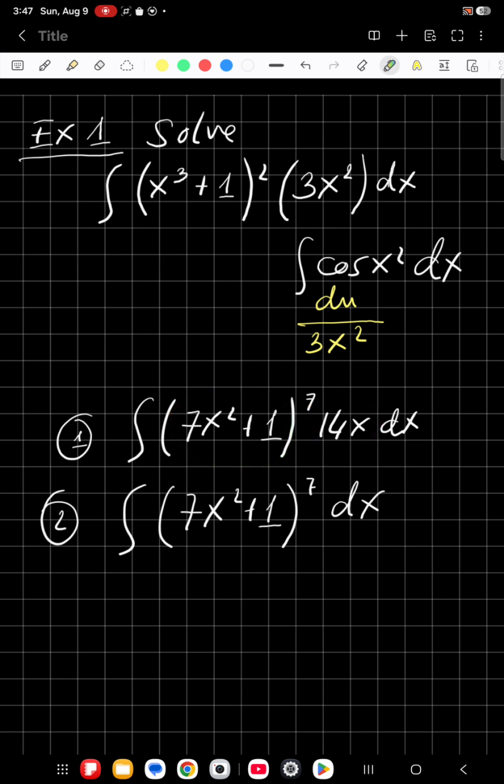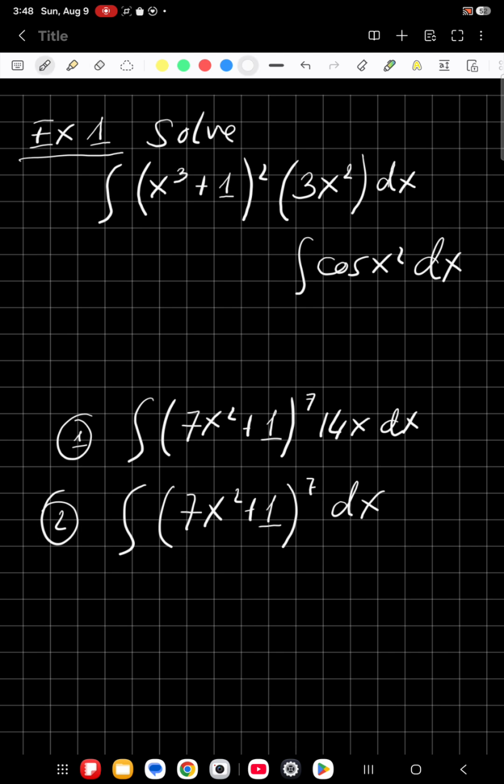That 14x will end up in the denominator and I'll be able to cancel these. But here, it's not going to work, because I'll have that 14x here and there is nothing to cancel that 14x in the denominator. I hope you understand the idea. Let's go back to our problem.